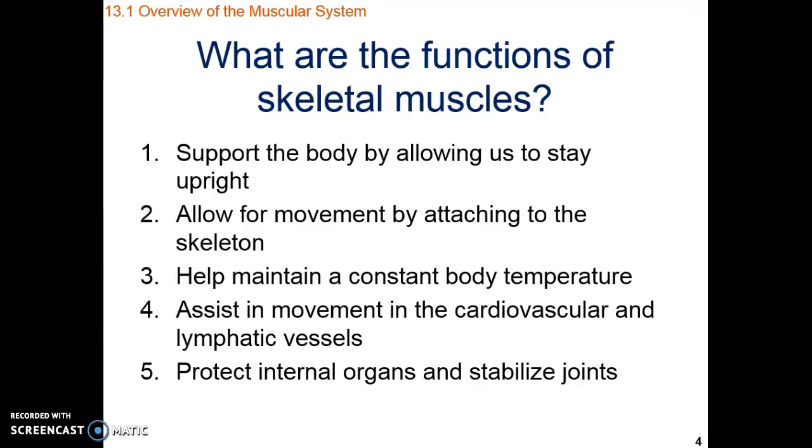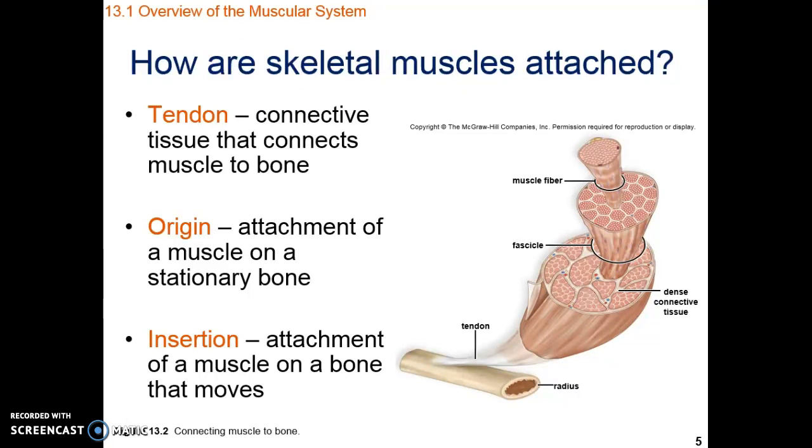What you might think about is the GI tract, which was pictured on the previous slide for the smooth muscle, and then also to protect internal organs and stabilize joints. So again, if you remember the 5 functions of the skeletal system, you'll see that there is a fair amount of overlap there.